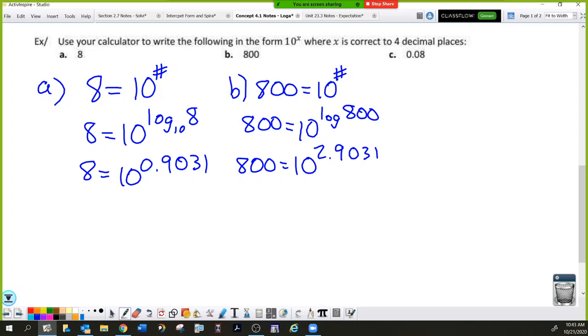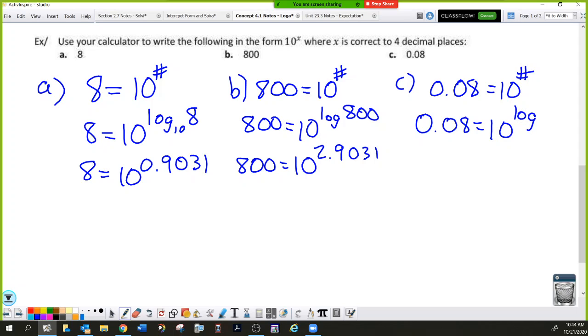I'm going to squeeze C in here. 0.08, 10 raised to some power. I go, okay, well, I know it had to be log base 10 because that's the only thing exponential base 10 could cancel. So it must have been log base 10 of 0.08.